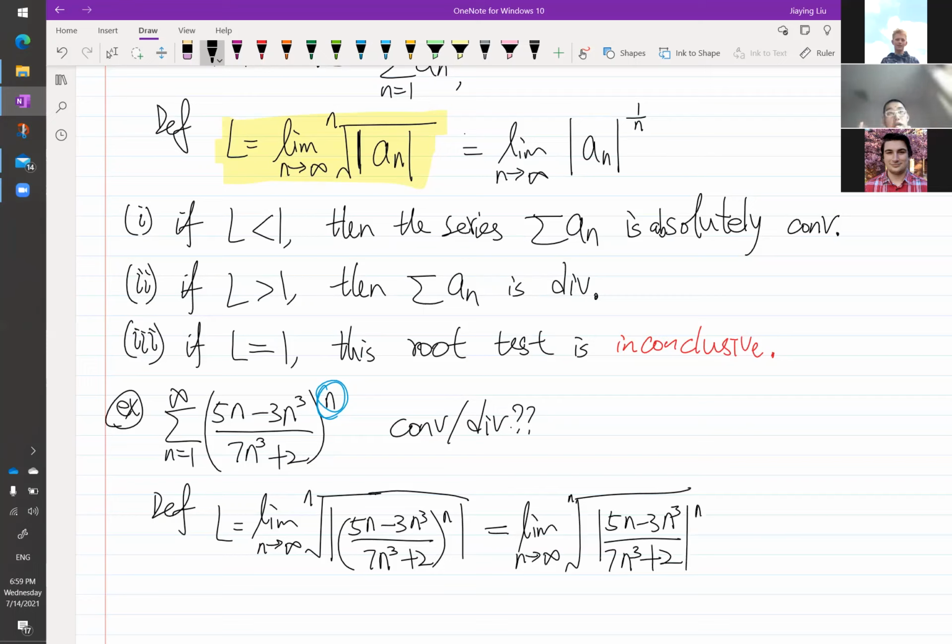So basically switch the order of the absolute value sign and the nth power. The benefit of doing this is that if we take the nth root of the nth power, that cancels and gives you 1. So that just becomes the limit as n goes to infinity of the absolute value of (5n minus 3n cubed divided by 7n cubed plus 2).